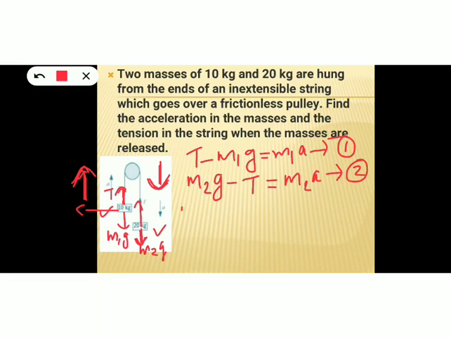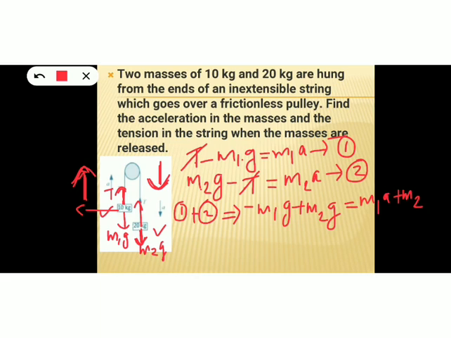We need to solve these equations, so just add equation 1 with 2. You will get T minus m1g plus m2g minus T. Plus T and minus T cancel, and we are left with minus m1g plus m2g equal to the RHS, m1a plus m2a.